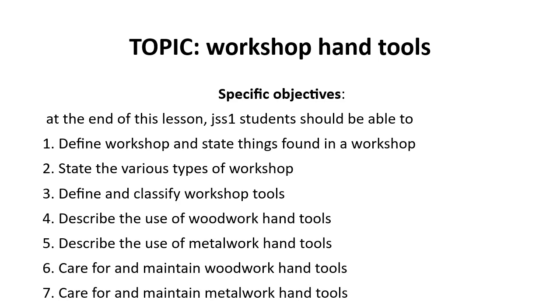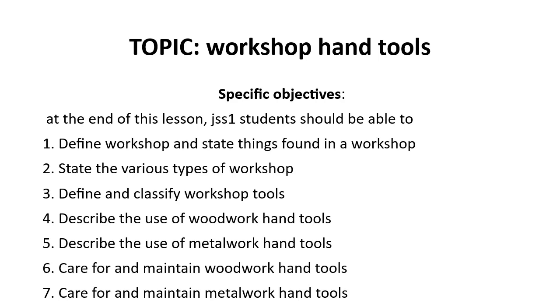What are the specific objectives of workshop hand tools? At the end of this lesson, JSS1 students should be able to: 1. Define workshop and state things found in a workshop. 2.